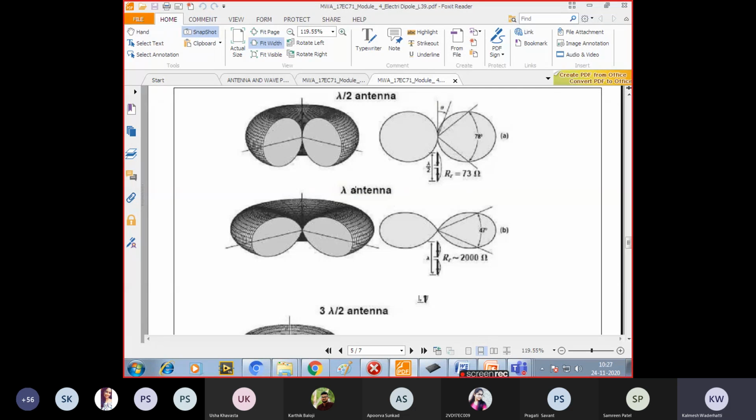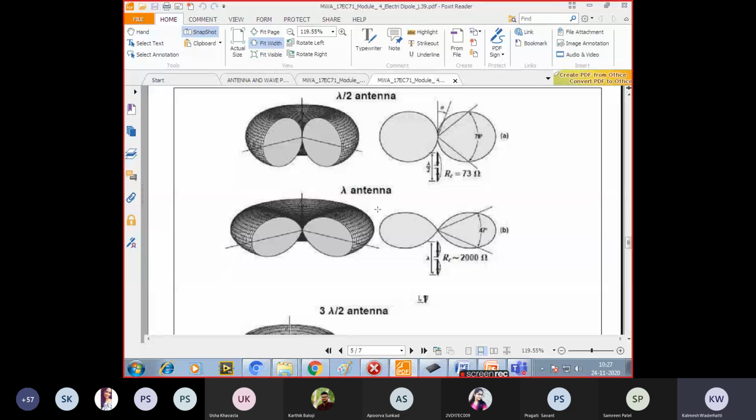Now you substitute L equal to lambda. Earlier you substituted L equal to lambda by 2, now L is replaced by lambda. Therefore 2 theta becomes 47 degrees and the radiation resistance will be 200 ohm.